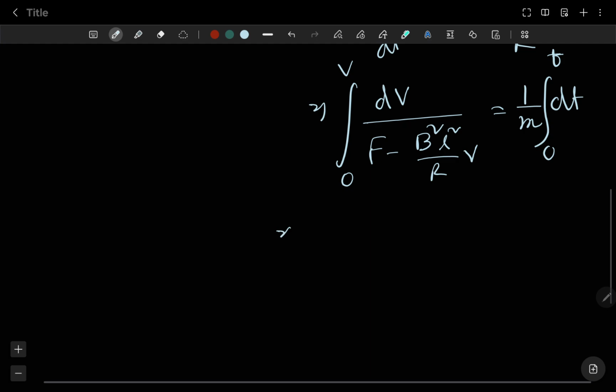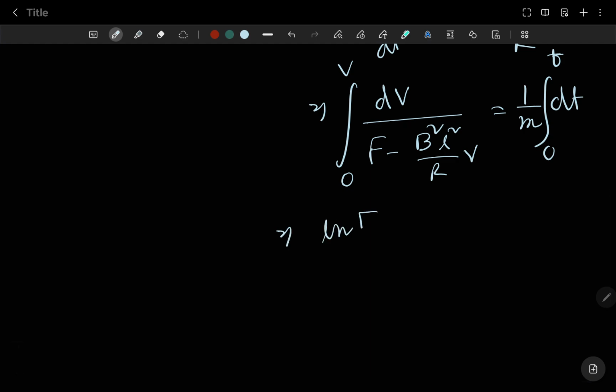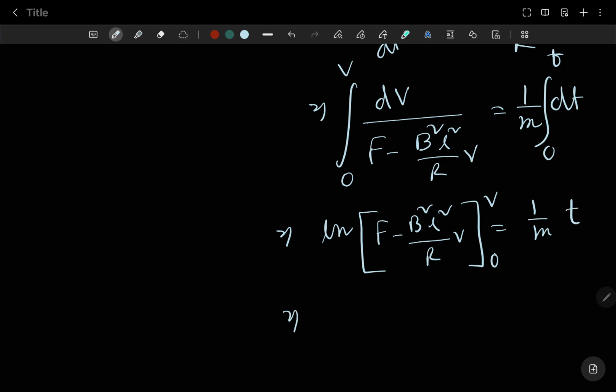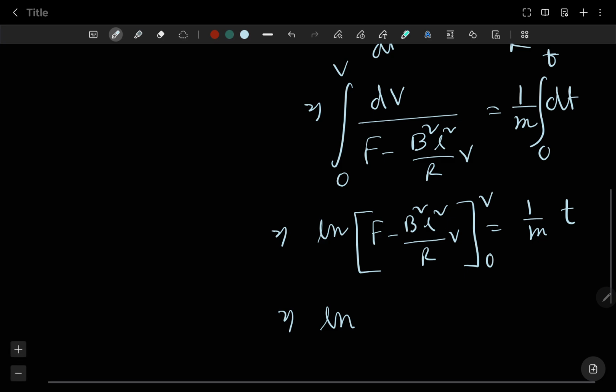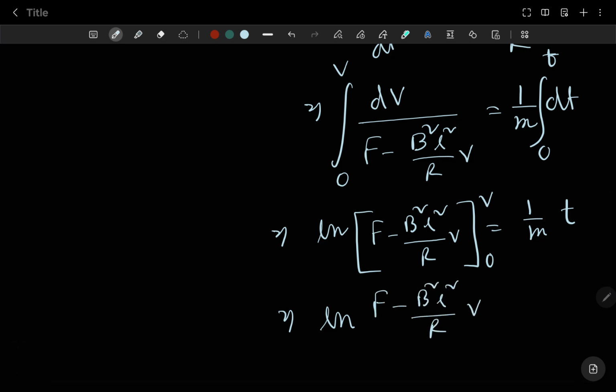Then we can write it like this, log of F minus B square L square by R V from 0 to V equals 1 by m t. Log of the upper limit F minus B square L square by R V, minus log of the lower limit, putting V equal to 0, gives log F. Log A minus log B is log A by B. Okay, so we'll do it like this.